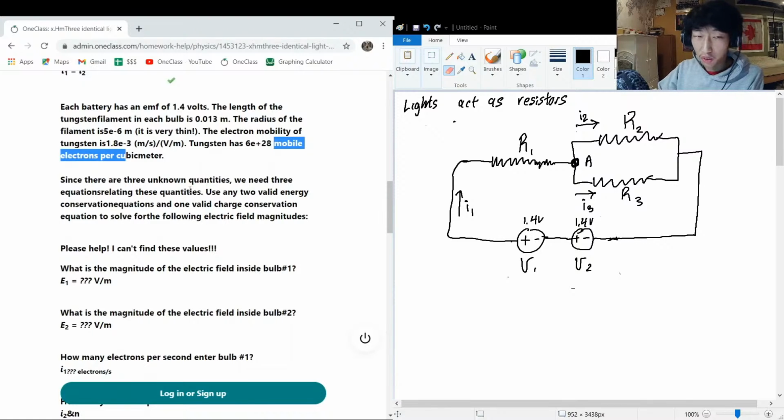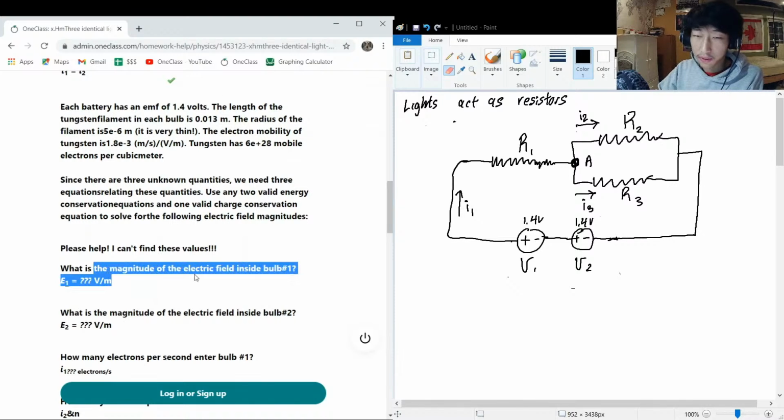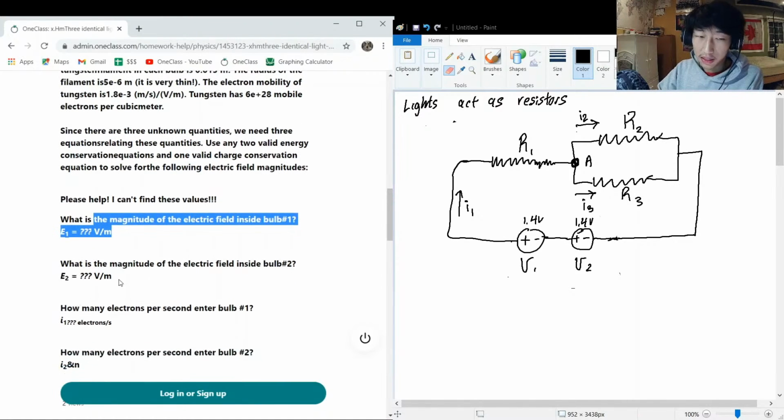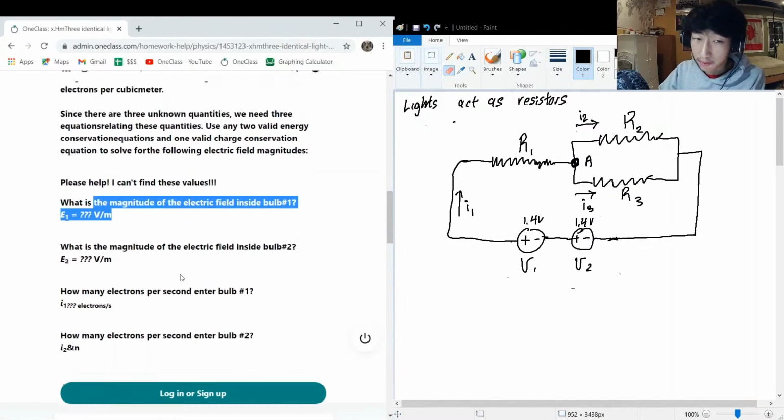Now, given these quantities, what we're looking for is the magnitude of the electric field inside each one of these bulbs, and the current that goes through each one of these bulbs.